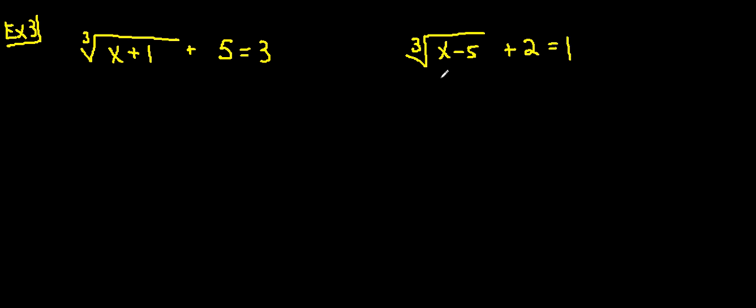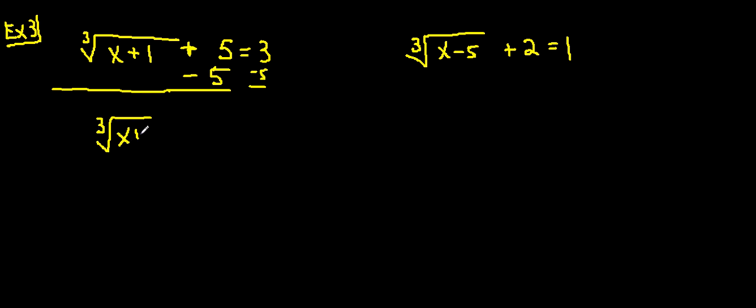So for this one, again, the same principles arise. I notice this is a cube root, and I've got to get this isolated. So I'm going to subtract 5 from both sides. Over here I have the cube root of x plus 1.